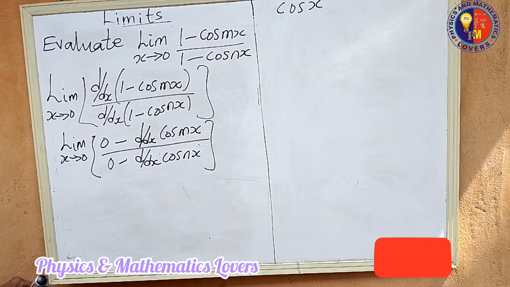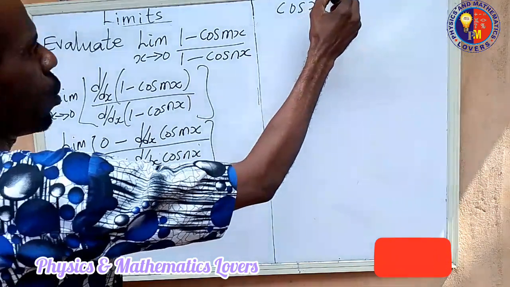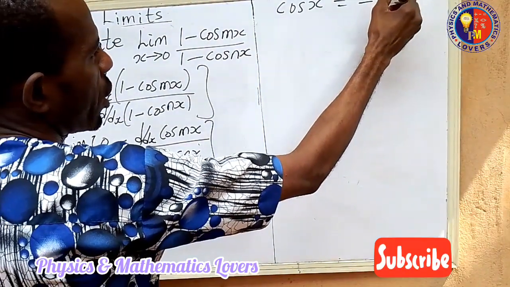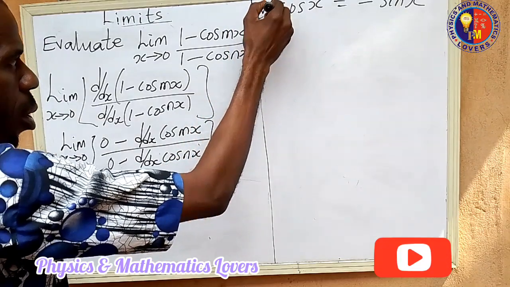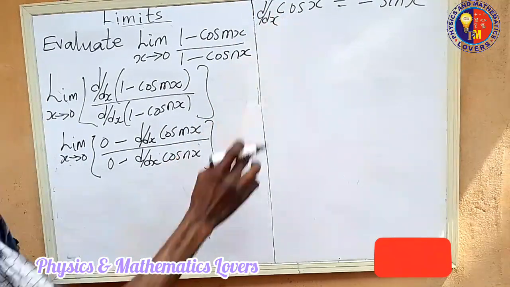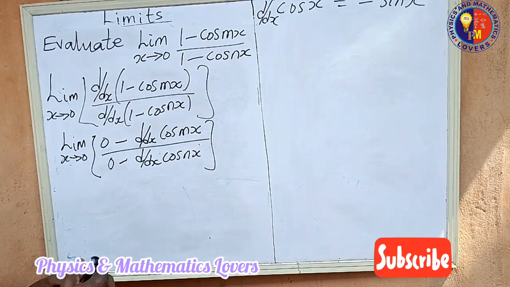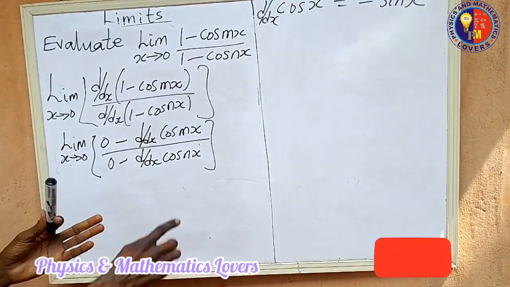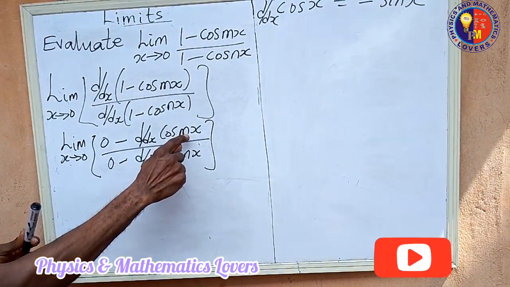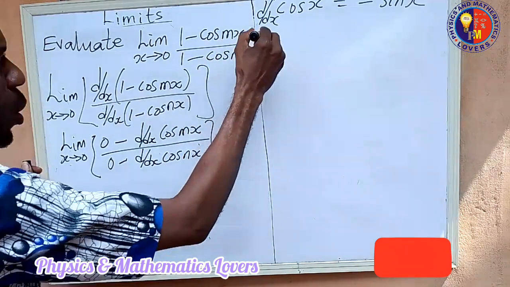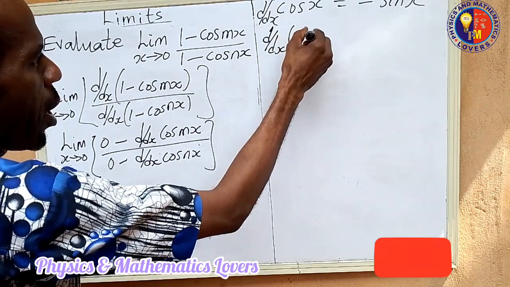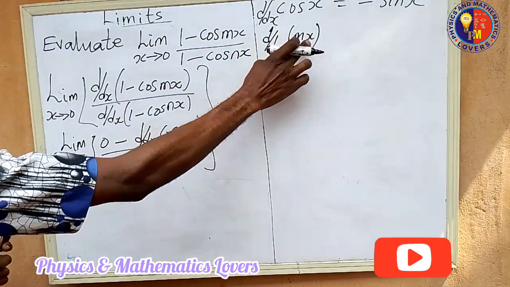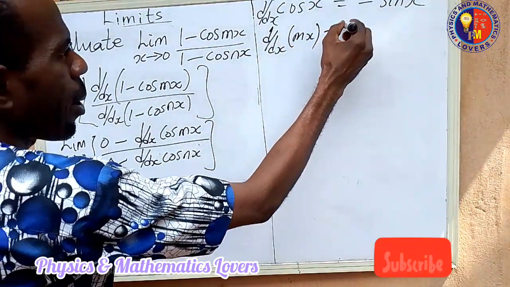Remember, if you differentiate cos x in our trigonometric differentiation, it's going to give you minus sine x. Now we have another function, so let that be mx, which means we differentiate mx with respect to x, and we are going to have m.